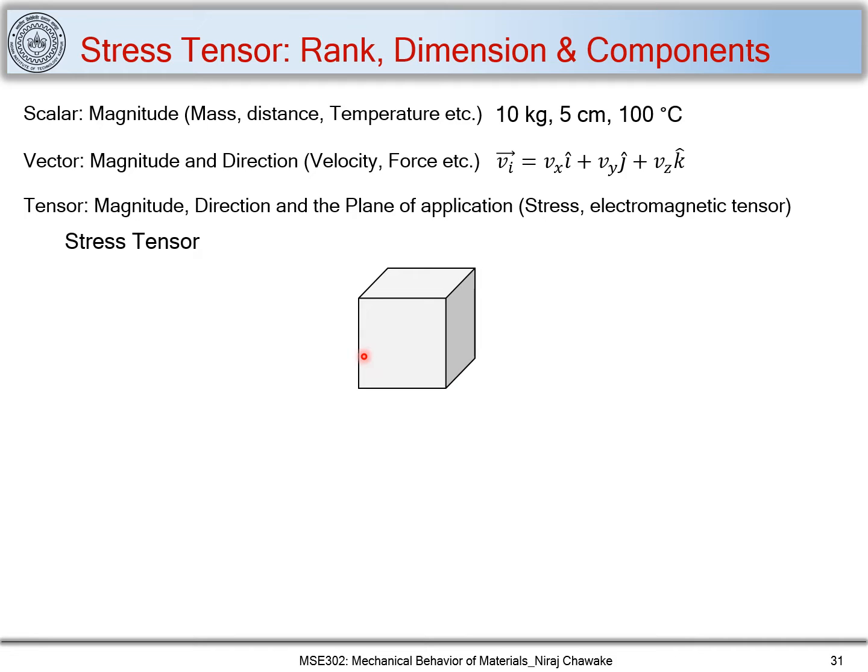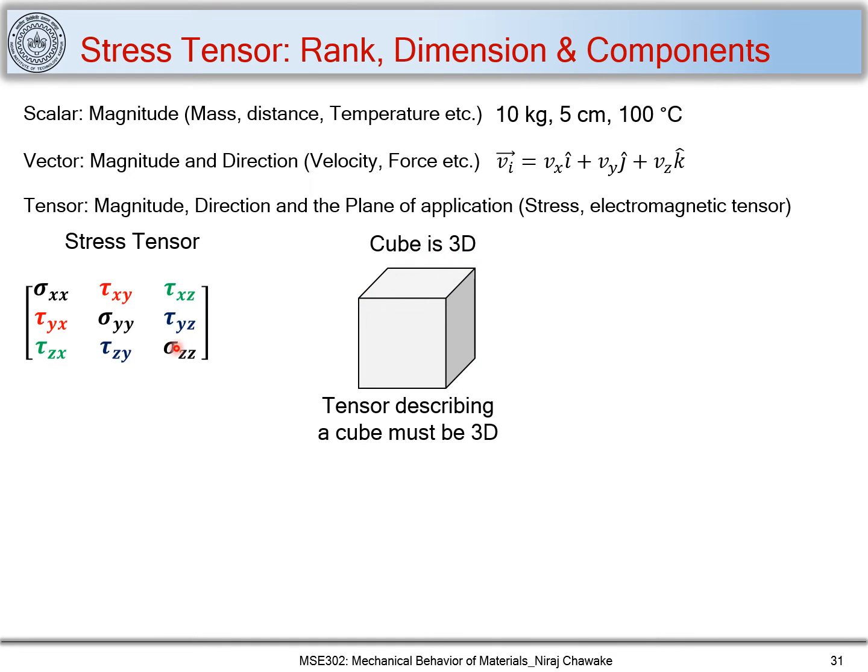Let's look at the stress tensor. We are taking this elemental cube, and this cube is 3D. So whatever tensorial quantity represents this cube must be 3D. The stress tensor has dimension 3 here, because it is relating to a 3D object, which is a cube.